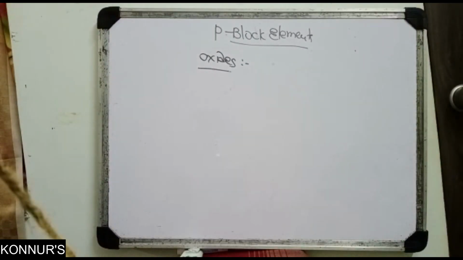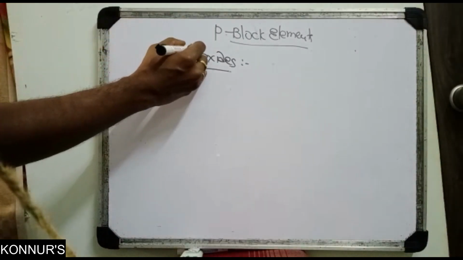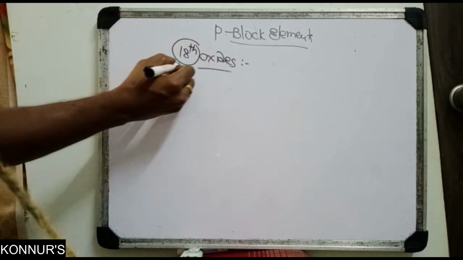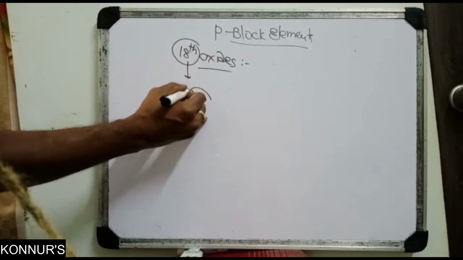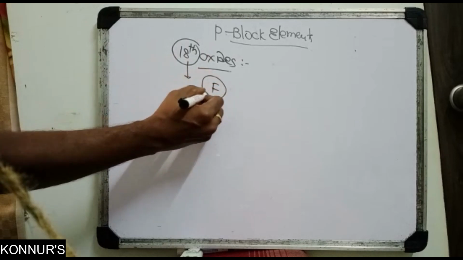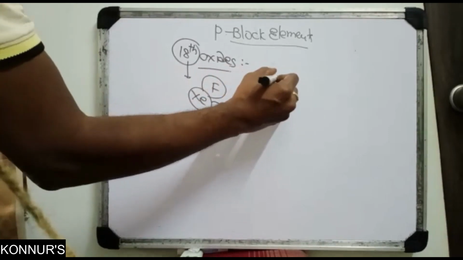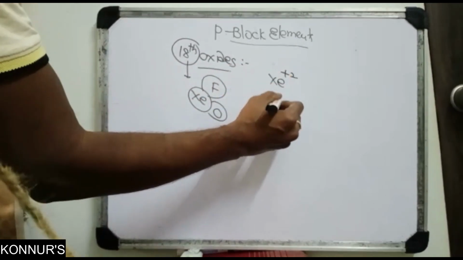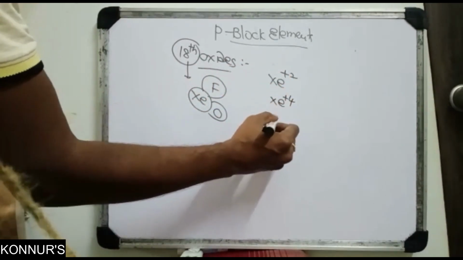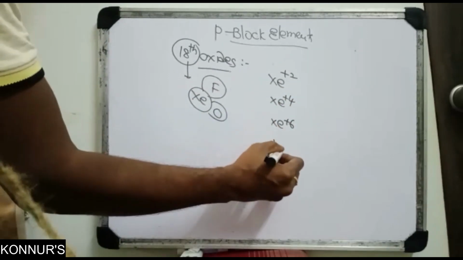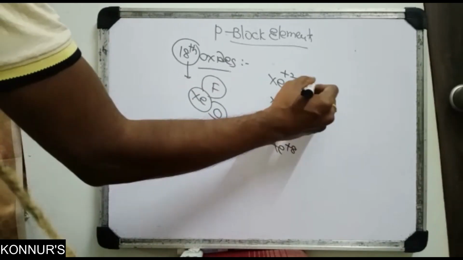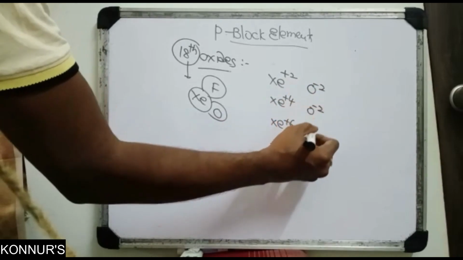Next, 18th group oxides. See, in the 18th group, only xenon forms compounds, that too with fluorine and oxygen. See, xenon shows +2, +4, +6, +8. With oxygen, -2.